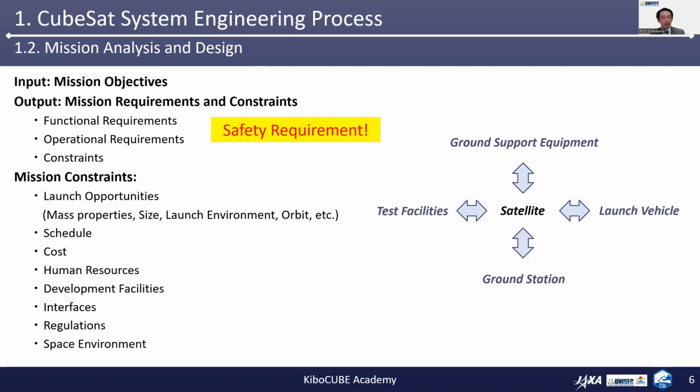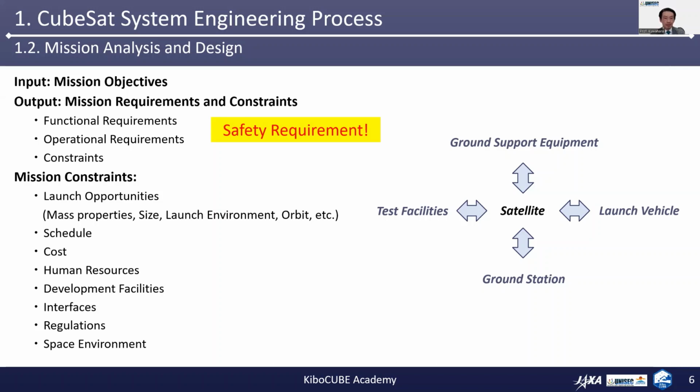Typically, mission constraints are also listed here. They are the launch opportunities, such as mass properties, size, launch environment, orbit, etc., schedule, cost, human resources, development facilities, interfaces, regulations, the space environment, and so on.